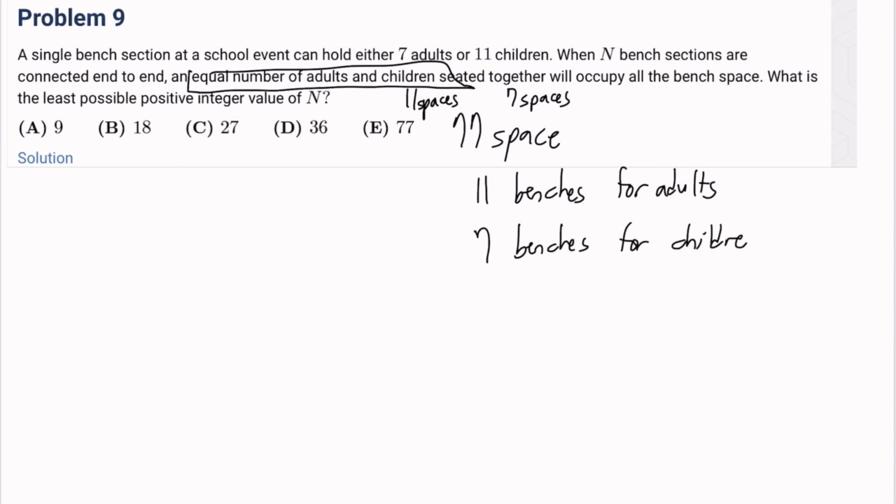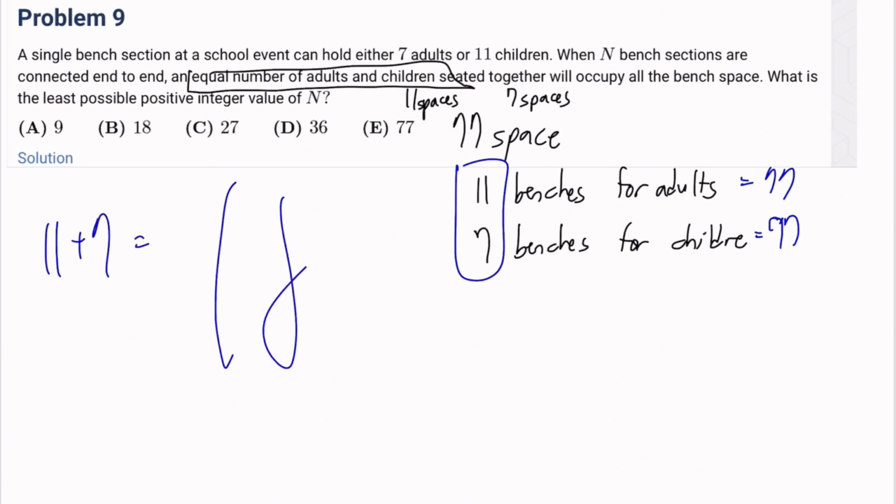Because here there will be 77 adults, because 7 adults in one bench, and this would be 77 children also, because 11 children at one bench, right? So this is the minimum number, so 11 plus 7 equals 18. So the answer is 18, it's B.